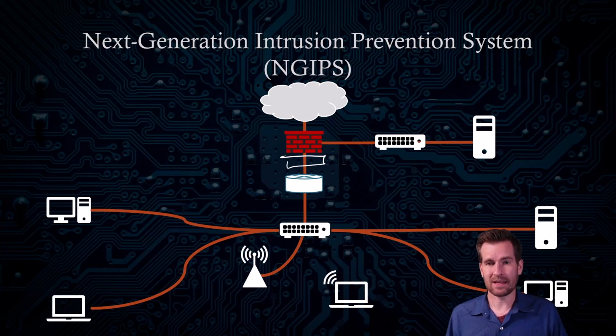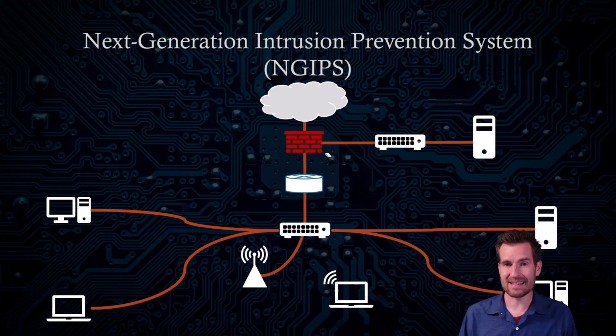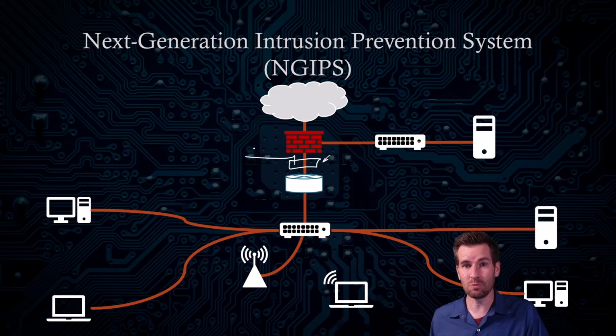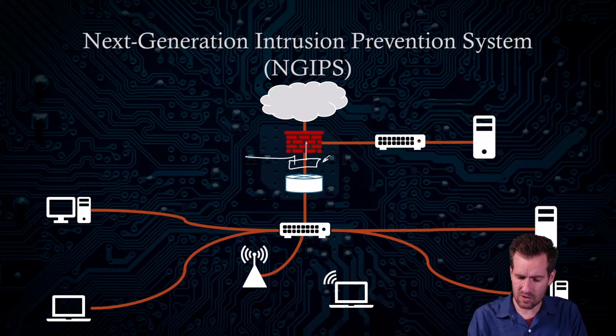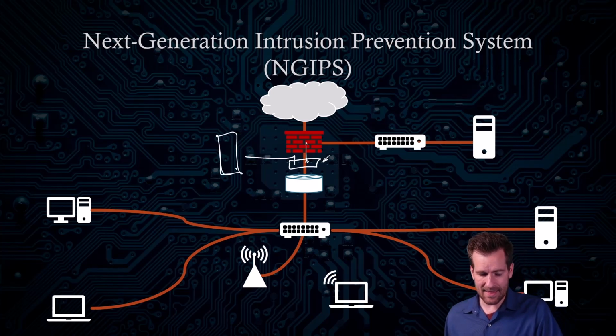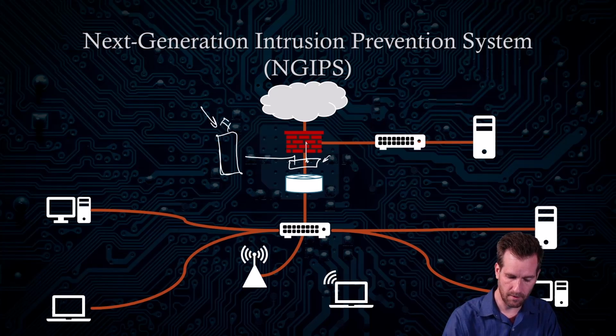There is also something called promiscuous mode. In a scenario like that, instead of our intrusion prevention system installed inline, maybe we just have a switch, and we send a duplicate of the traffic that's coming into this switch to another device over here. That device is the intrusion prevention system, and we call this promiscuous mode. In promiscuous mode, a copy of all the traffic gets sent over to it.